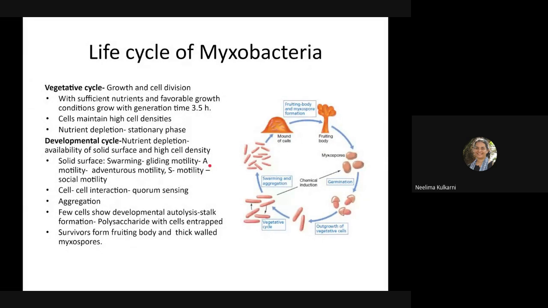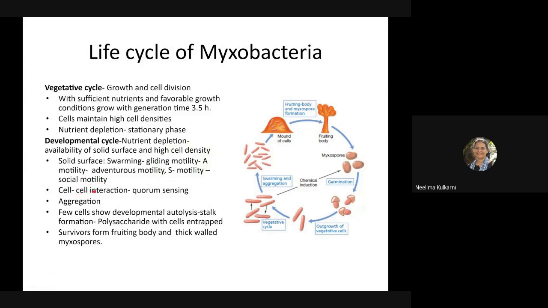So there are two engines, the A engine and the S engine. The A engine is responsible for pushing the cell forward, whereas the S engine pulls the cell forward by retraction of pili. We will see the details of this type of motility in coming slides later on.